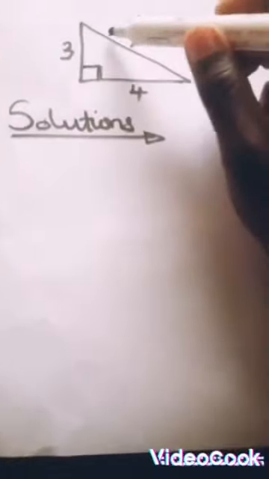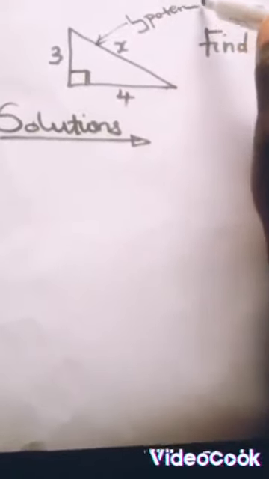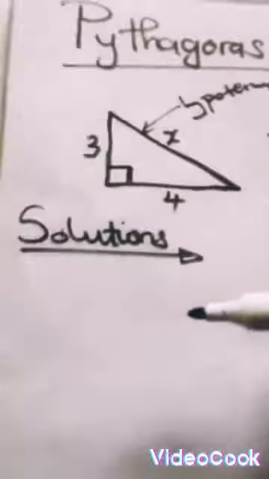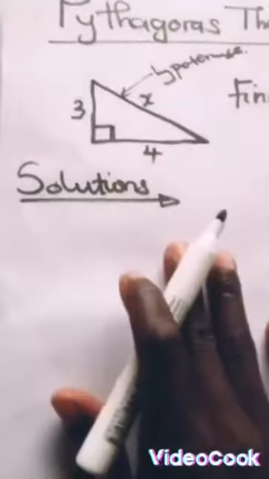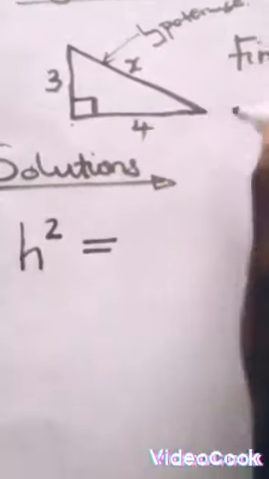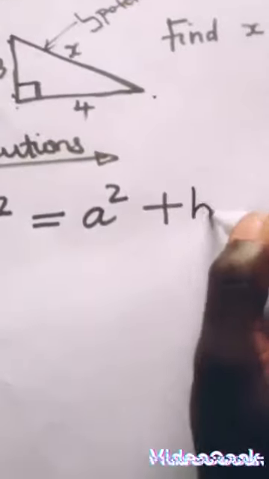This side is called the hypotenuse. The longest side of a right angled triangle is called the hypotenuse. According to Pythagoras, if we square the hypotenuse, it must be equal to another side squared, let us say a, plus another side squared, let us say b.